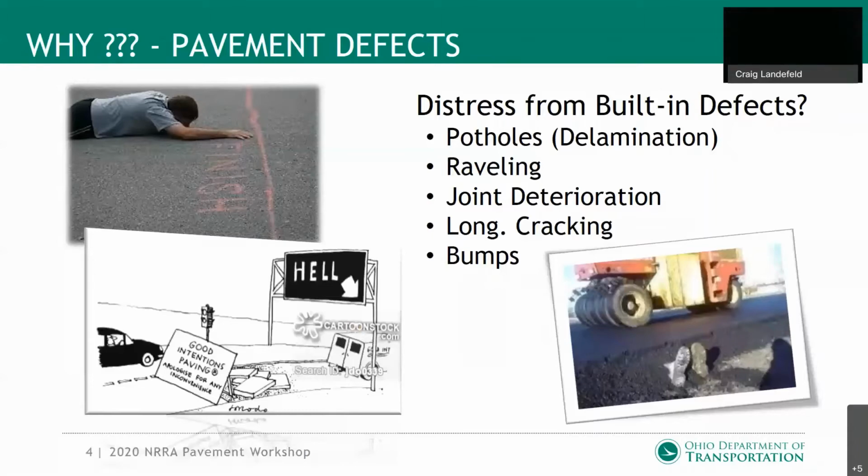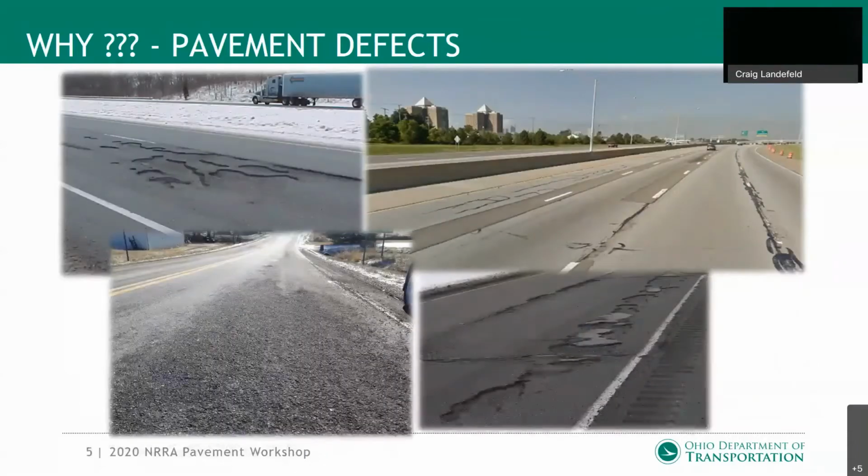So here are just some pictures. I'm sure this is similar to some other states, but just over the years, some pictures that we've taken from different projects that I've gone out and looked at that have had some early failures. Up here we can see some longitudinal joint deterioration that was repaired on one of our pavements in Columbus on I-670. Got some other interstate pavements that we've lost some of the surface.